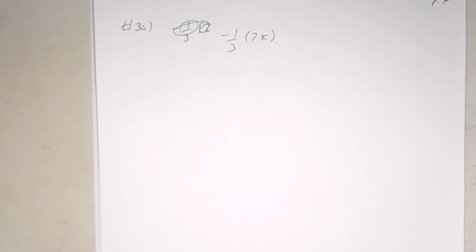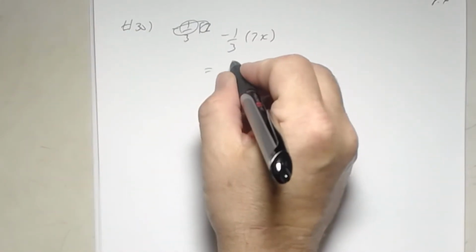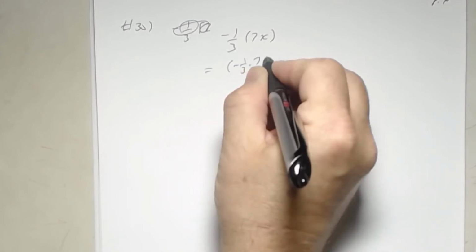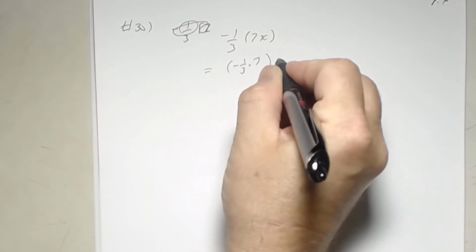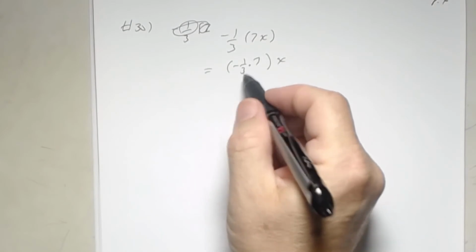All right. So they want you to use the commutative or associative property, or you may need to use both. But what do you want to try first? The associative. So instead of grouping the last two, I'm going to group what? The first two. So that'll be negative 1/3 times 7, correct? Times what? X. All right, let's think about negative 1/3 times 7.